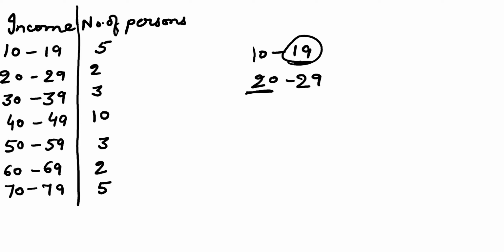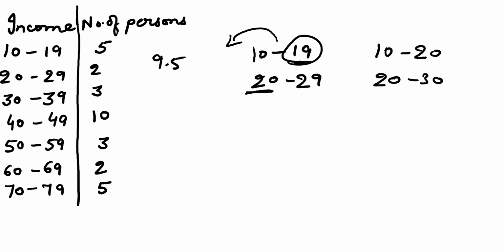Otherwise, if it were an exclusive series, then it must be like this: 10 to 20, 20 to 30. Or if we change this class interval into an exclusive one, then it will be 9.5 to 19.5 and 19.5 to 29.5.